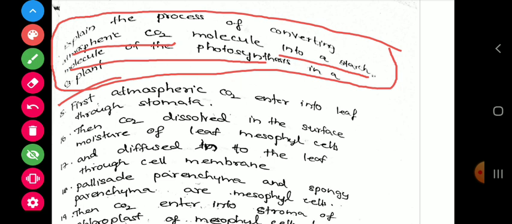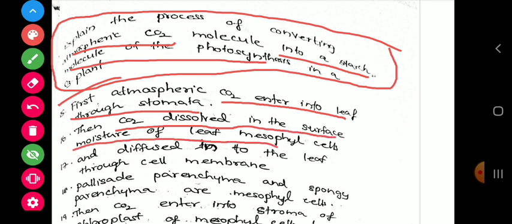Now first, atmospheric CO2 enters into a leaf through the stomata.